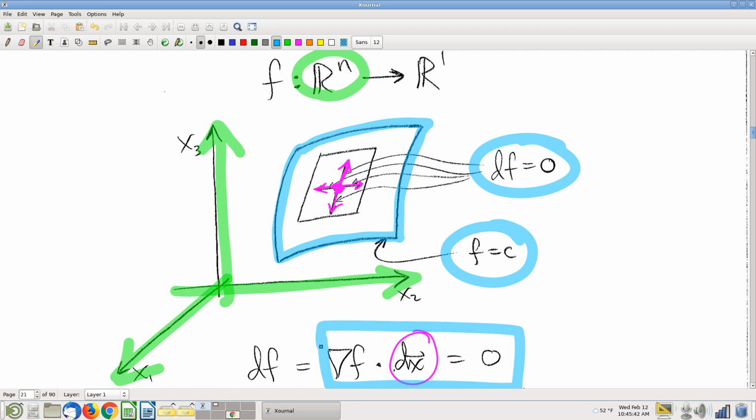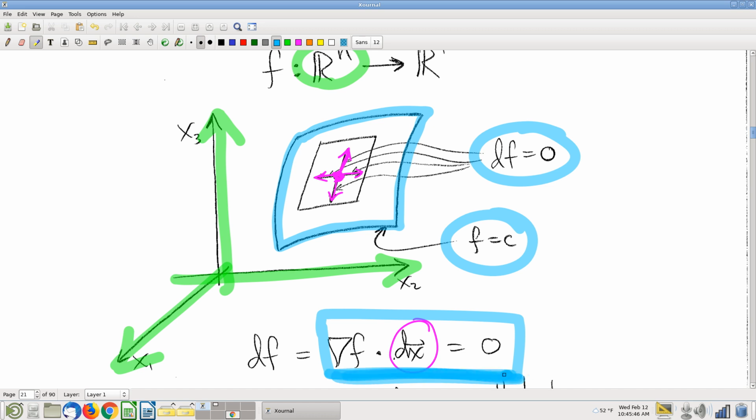Now let's take a geometric interpretation of this statement down here. Geometrically, this says the gradient vector, by virtue of dot products being 0, is orthogonal to all of these tangent vectors dx. All of these purple dx vectors. Gradient's perpendicular to all of them.